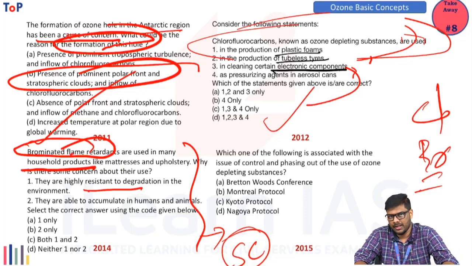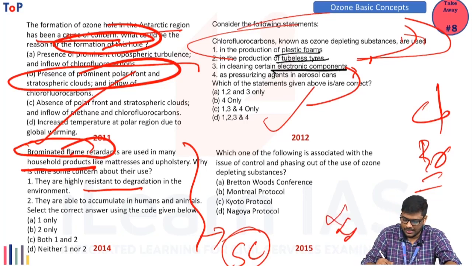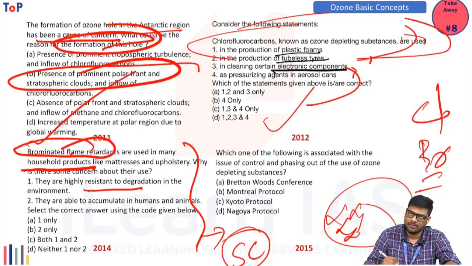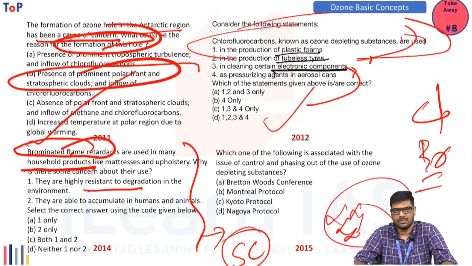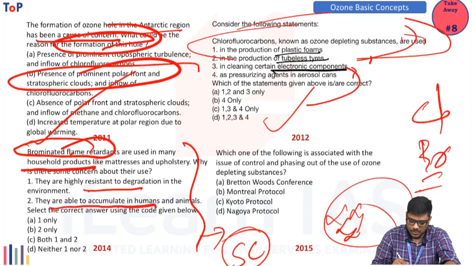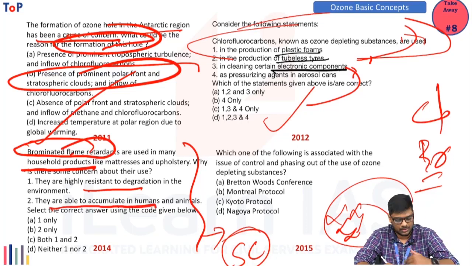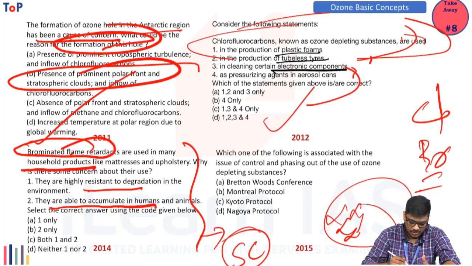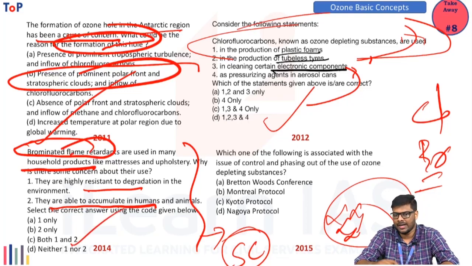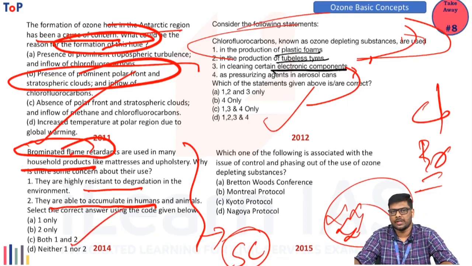If they cannot be degraded, there is a high chance that they will be accumulated. Is that the case? If something cannot be destroyed, it will accumulate, for example plastic. So they are able to accumulate in humans and animals. Use the statement consistency theorem and you will get the answer. Harder to degrade, more possibility to accumulate. That's the logic. Getting it?